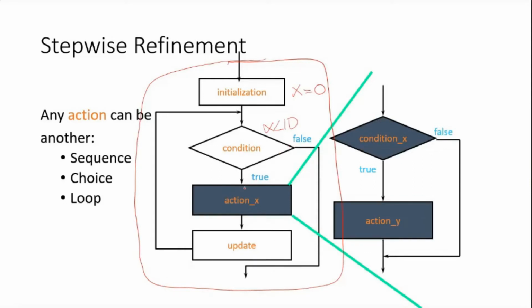So if it is true, action x has to happen first. Action x can again be subdivided into condition x as well as action y. Again, another condition can be here. And then depending on that particular condition, whether it is true or false, some action may or may not happen. So that sort of abstraction, that is, each action is divided into sub actions. Here the action x is divided into condition checking x as well as the action y.